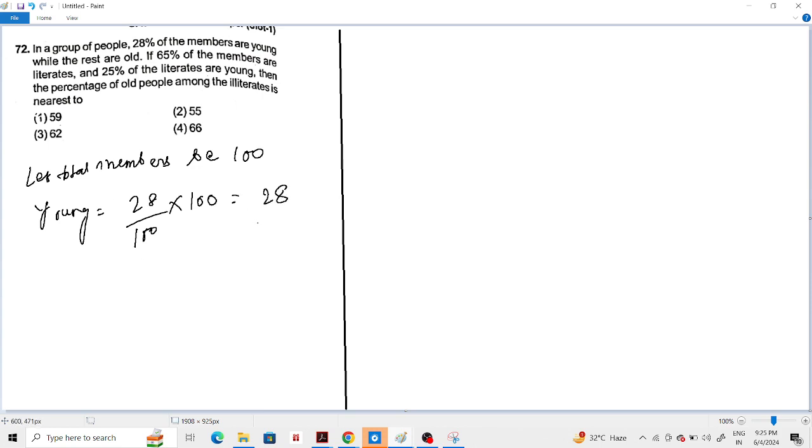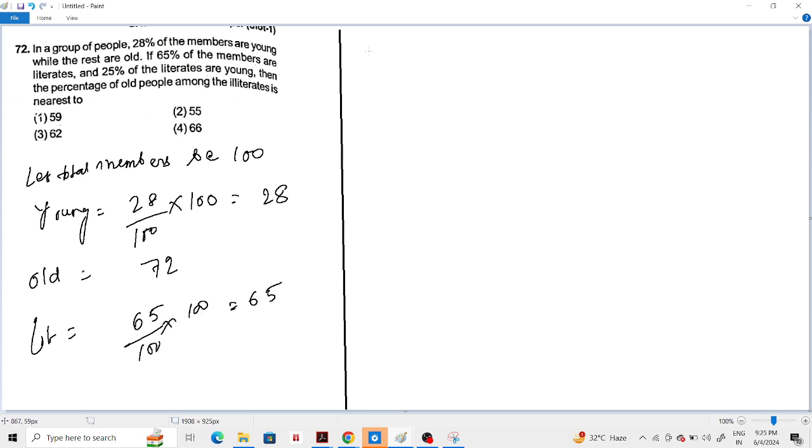So young members are 28, rest are old. So how many old members are there out of 100? I took that the total number of members be 100. Young members are 28, then old are 72. 65% of the members are literates, that is 65.